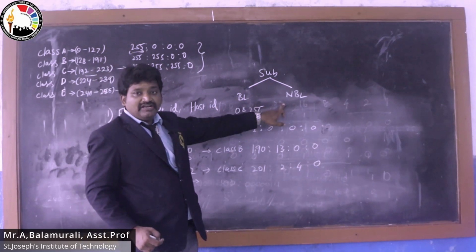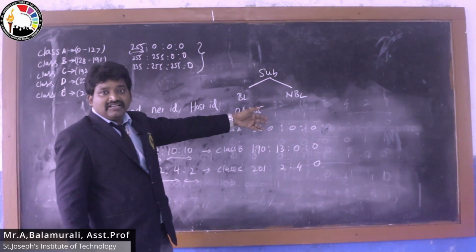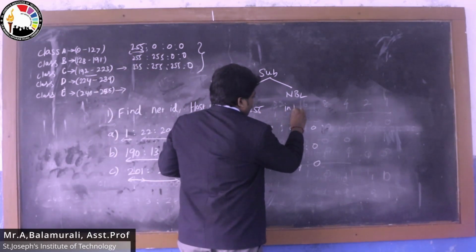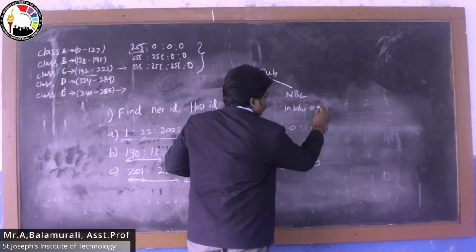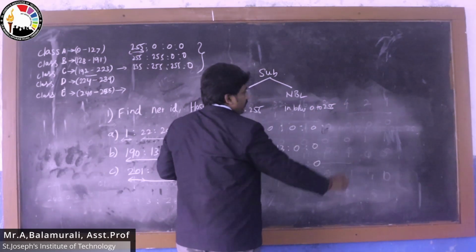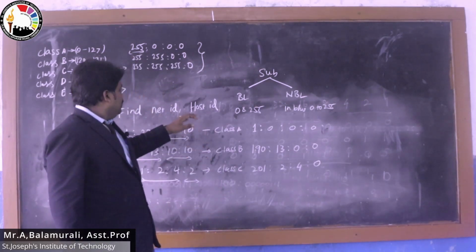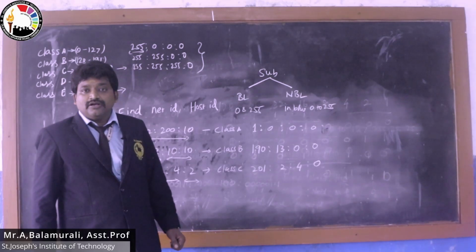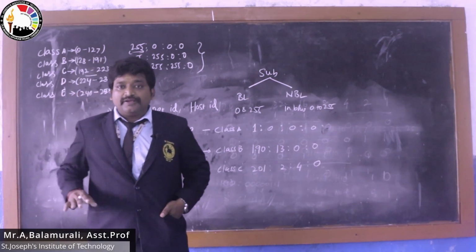But in non-boundary level, in between 0 and 255, whatever value comes is called a non-boundary level value. So these are the non-boundary level values. Okay. Now we will discuss non-boundary level and boundary level problems, one by one. That is the last topic of this unit.